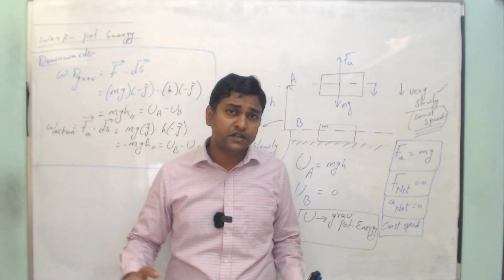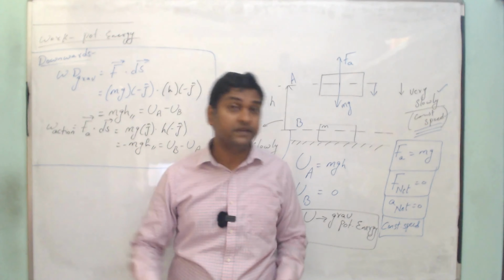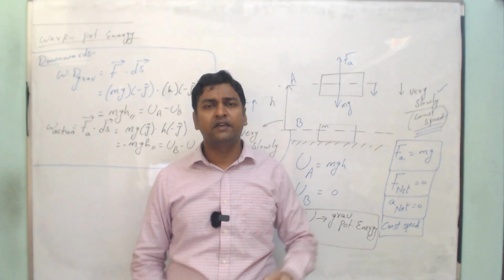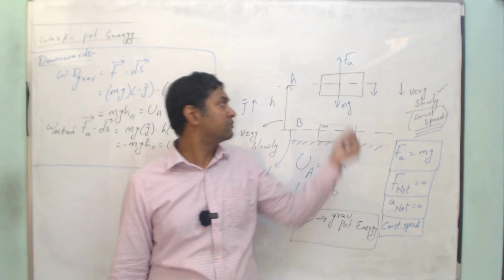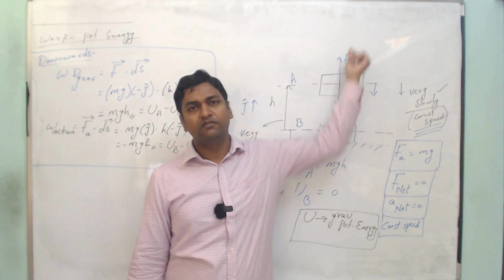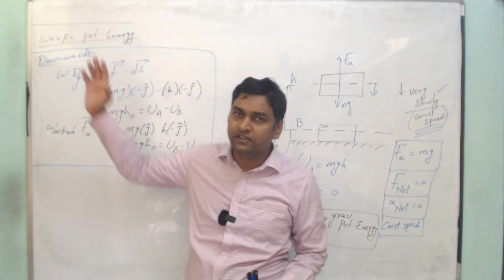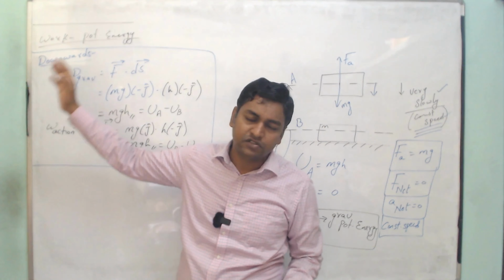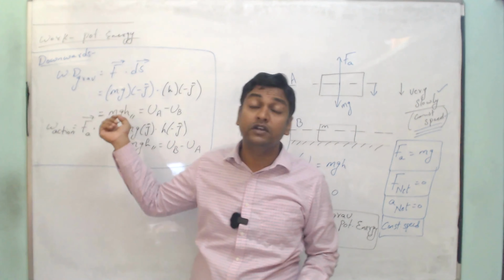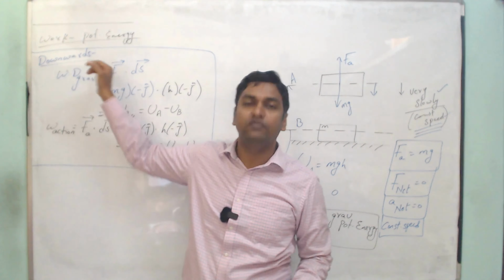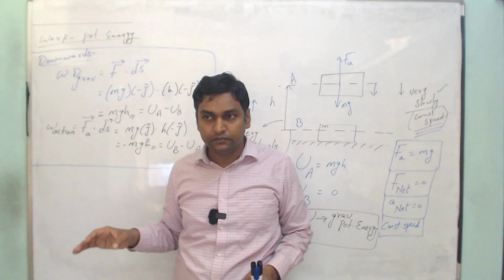The potential energy, how they are varying, to understand that, first I wanted to focus on work done by gravitational force, work done by my action force. From my school definition, work done by gravitational force, F bar dot ds bar, I got it as mgh while coming downwards. Yes, sir.